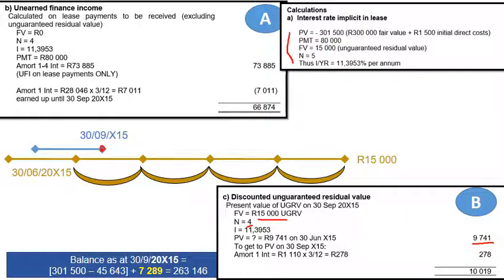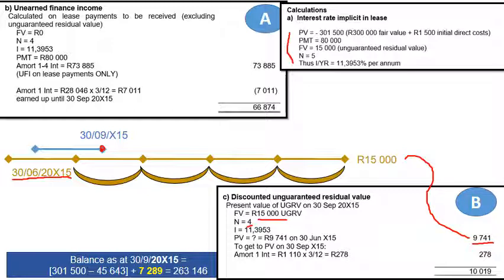But the 9741 is the present value on 30 June X15. So from 30 June X15 to the end of the lease term, the unguaranteed residual value is going to grow from 9741 to 15,000.